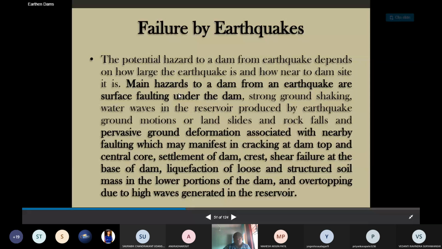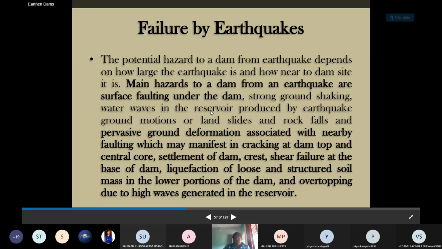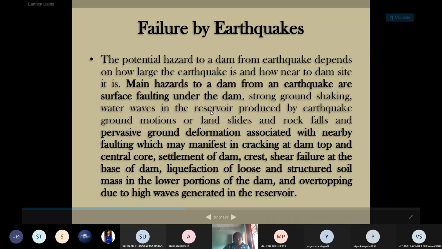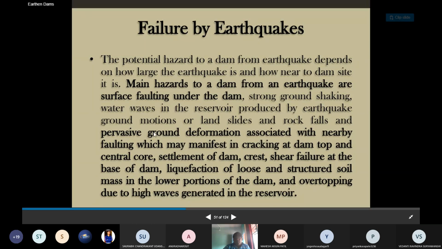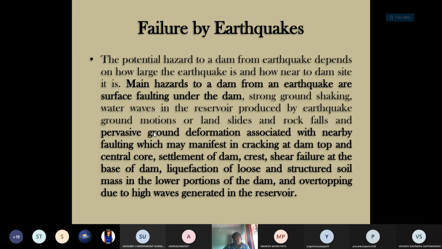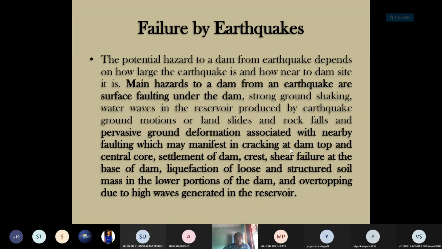So the main hazards to a dam from an earthquake are surface faulting under the dam, strong ground shaking, water waves in the reservoir produced by earthquake ground motions or landslides, rock falls, and pervasive ground deformation associated with nearby faulting zones, which may cause cracking at the dam top or the central core.